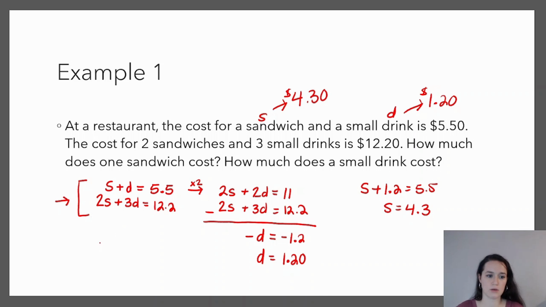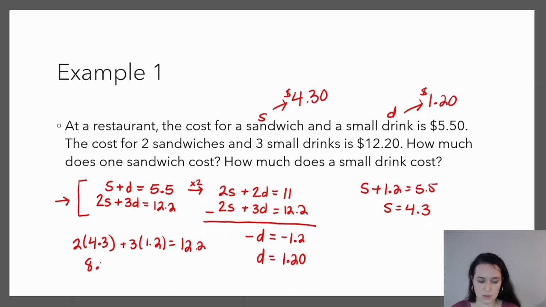Now let's double check with the bottom equation. 2 sandwiches plus 3 drinks, we want that to equal 12.2. 2 times 4.3 is 8.6, and 1.2 times 3 is 3.6. Add that together and I get 12.20. Good, so that's my cost.